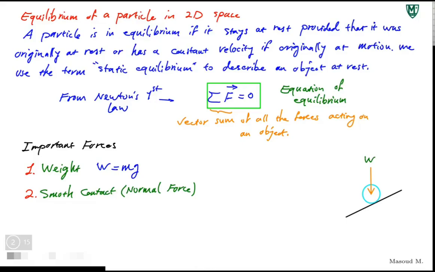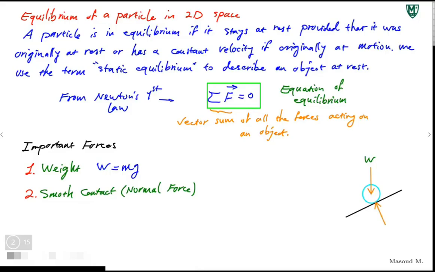Now, at the point of contact between this object, could be a wheel, could be some barrel, and the surface, the black line I drew there, the surface is exerting a force on the object that is normal to that surface at the point of contact. So if this is the point of contact, this would be the force.